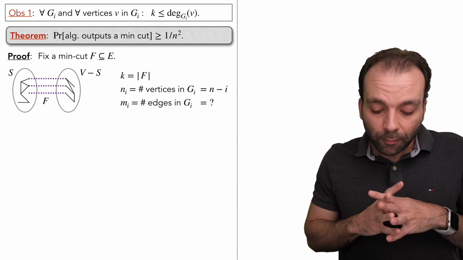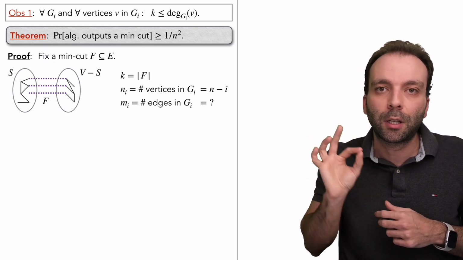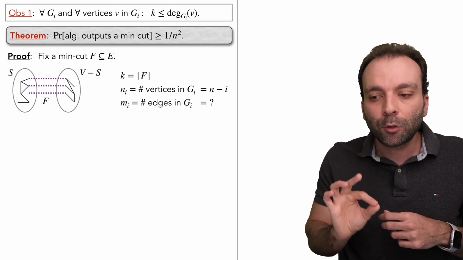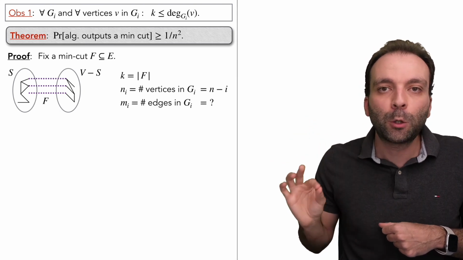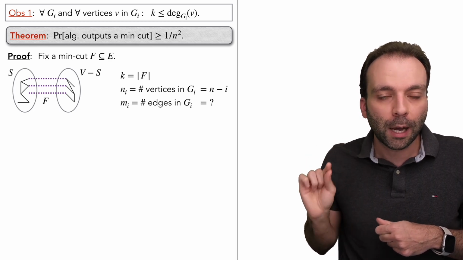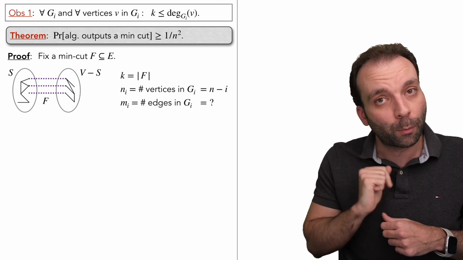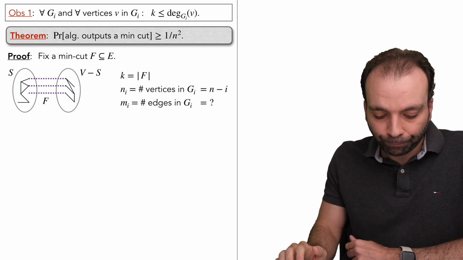We don't know. And this is actually going to be important. The fact that we don't know how the number of edges evolves over time is going to inform how we do the analysis here, and you'll see where it comes into the picture. But it is an important fact that we don't know how the number of edges evolves, but we do know how the number of vertices evolves.